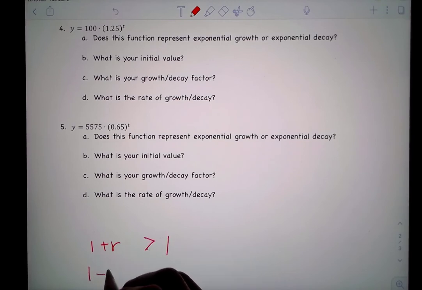And 1 minus r, then you subtract something from 1, so definitely the number will be less than 1, right? So when you look at the growth or decay factor, the base in the parentheses, if the number is bigger than 1, then that's growth. And if the number is less than 1, so you get 0 point something, then that's decay.